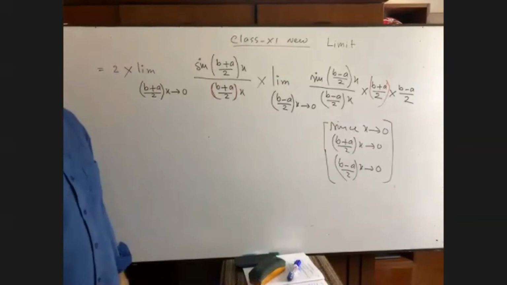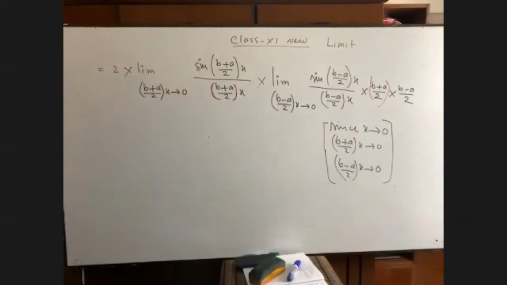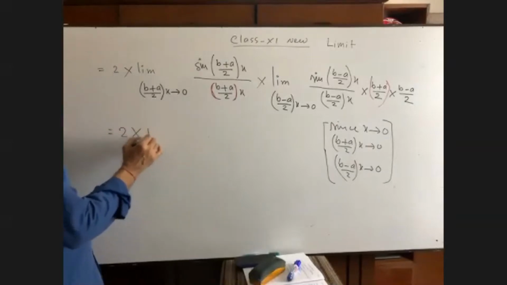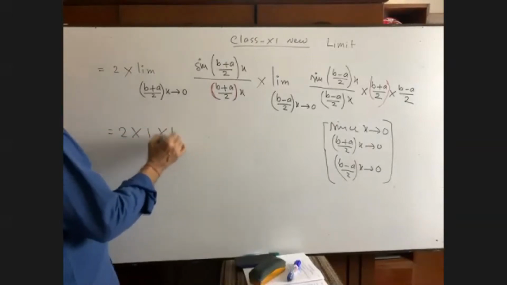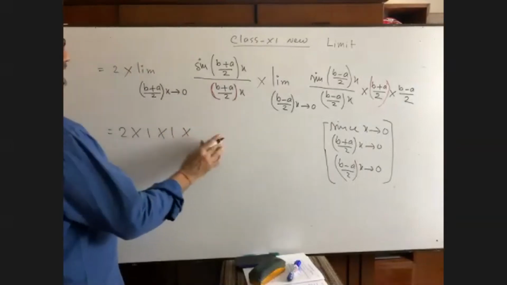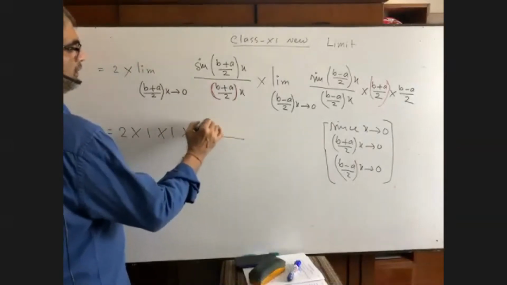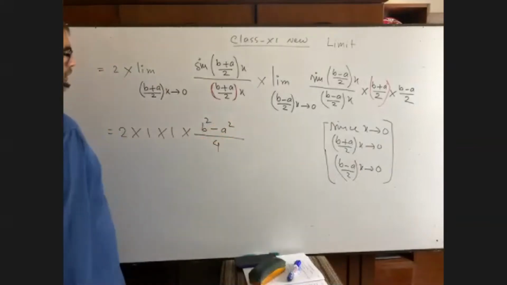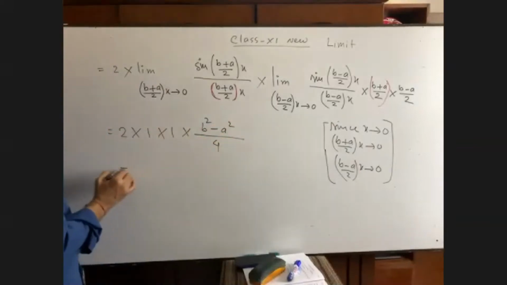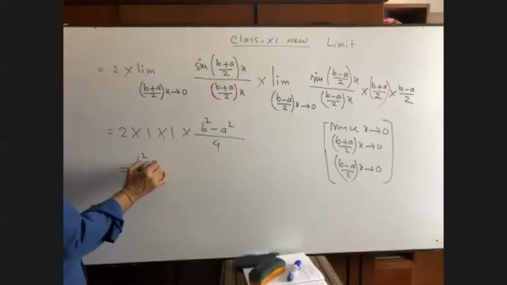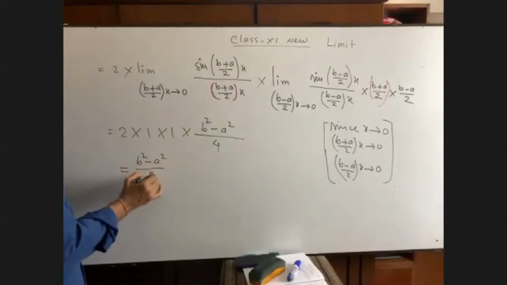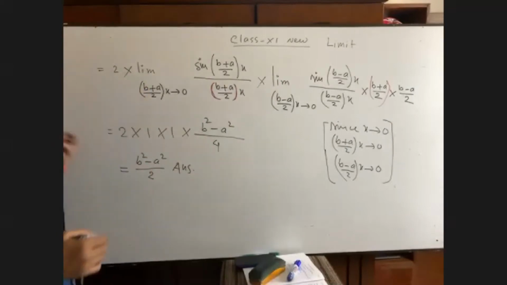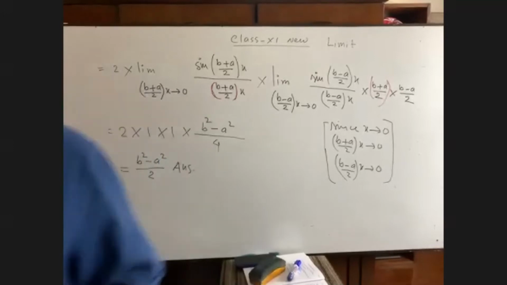Are you getting it? Yes, sir. Now we can write here 2 into 1, and the last part is (b square minus a square) by 4. So can we calculate it? (b square minus a square) by 2. It is our required limit, that means the required answer.